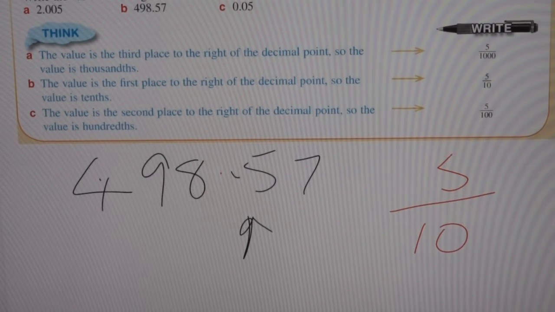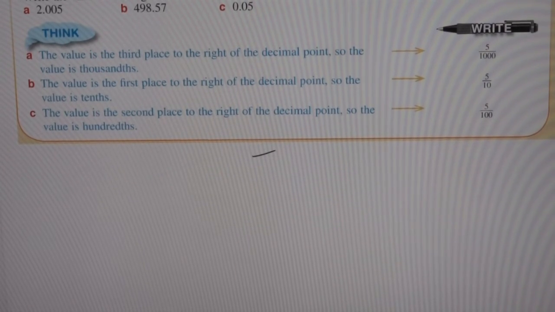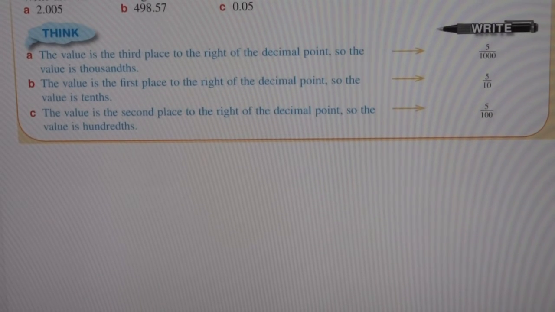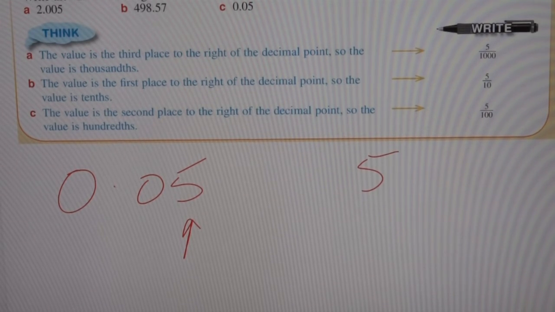In the third example, we've got 0.05. In this case, we are in the second position, 2 zeros or hundredths, and so this would represent the fraction 5 hundredths.